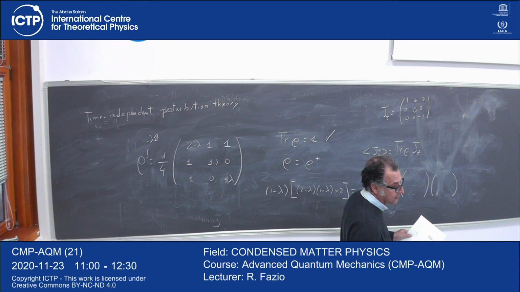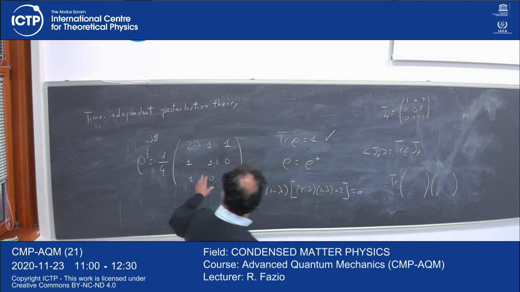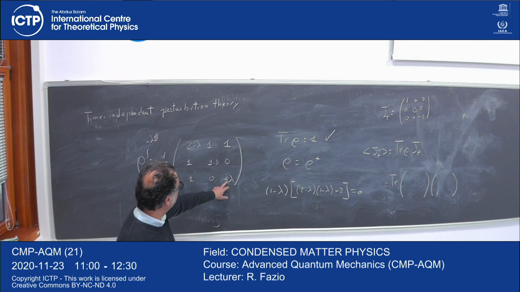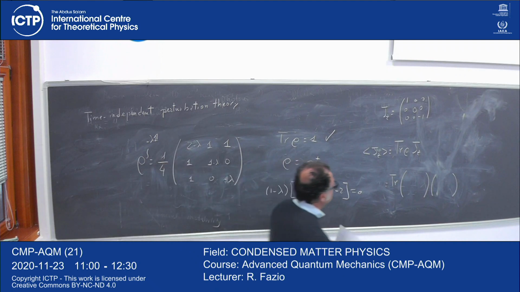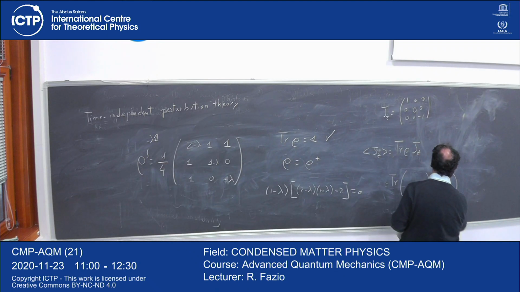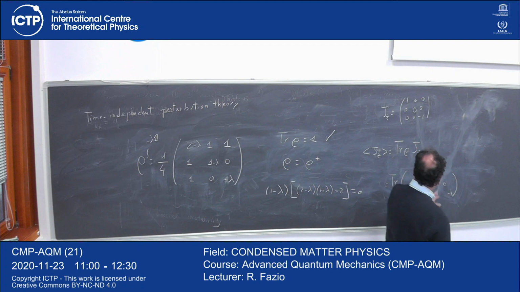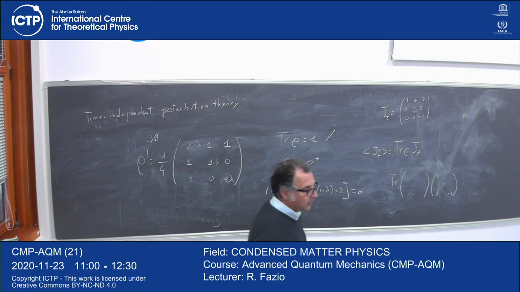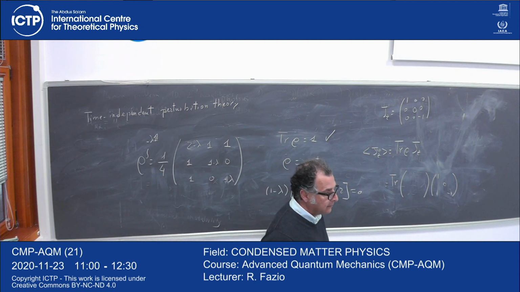Actually it will be just the value of rho in 1, 1 minus the value of rho in 3, 3, because here you have just the diagonal 1, 0, minus 1. So you get 2 minus 1, which is 1, times 1/4, and you get 1/4.